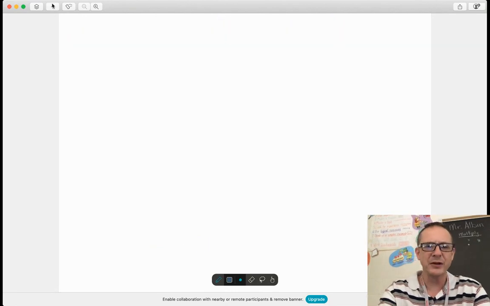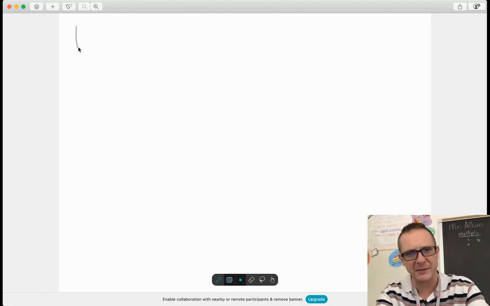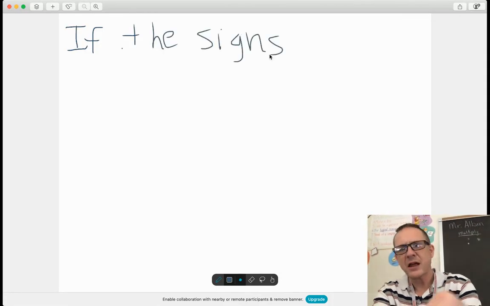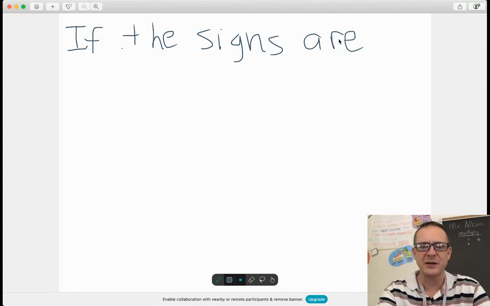So how we're going to use rules then is if the signs are the same, then we're going to add the magnitudes of the two numbers together.